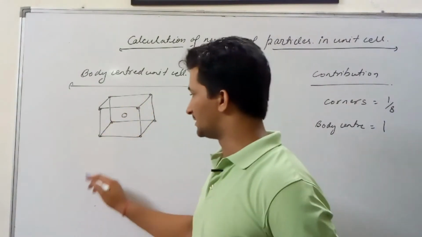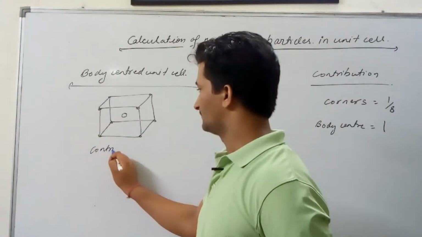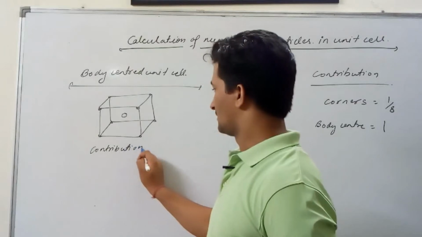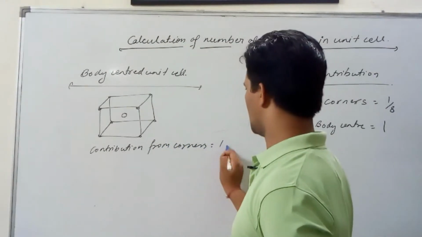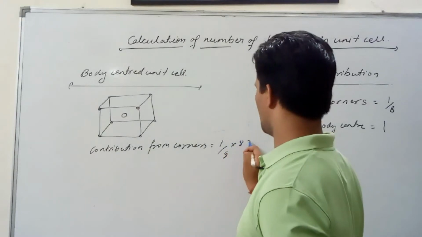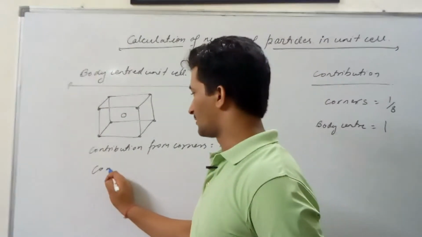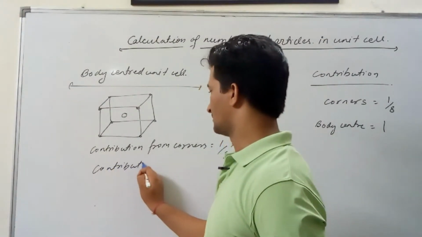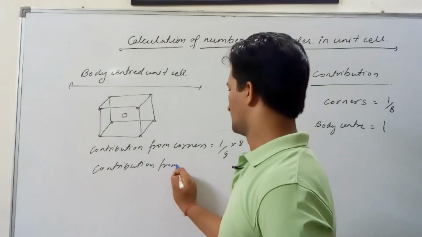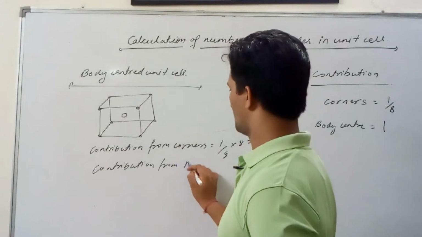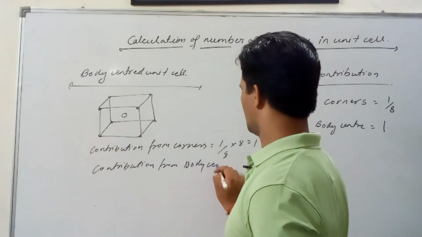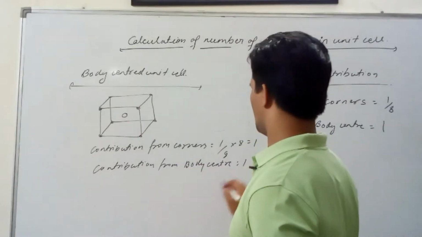In case of BCC, the contribution from corners equals 1/8 into 8, that is equal to 1, and the contribution from the body center equals 1.